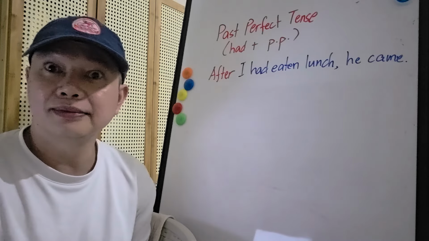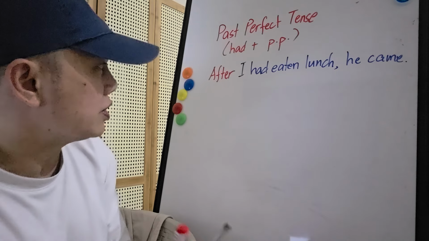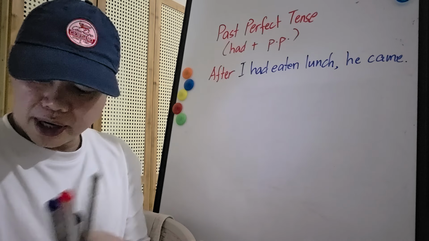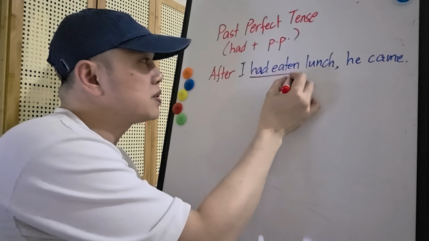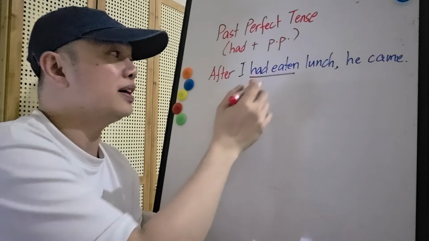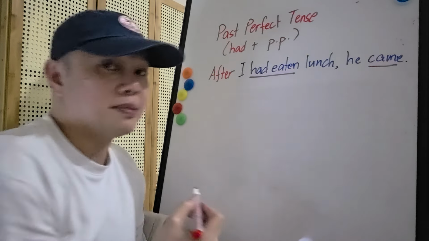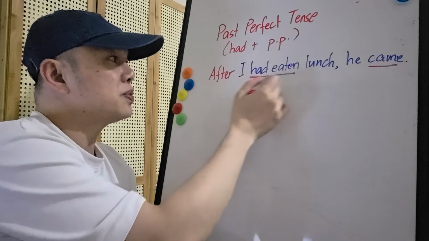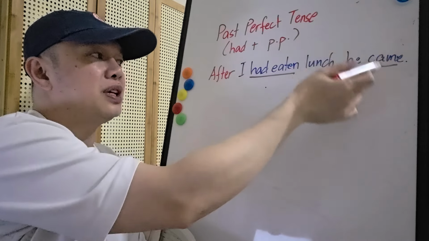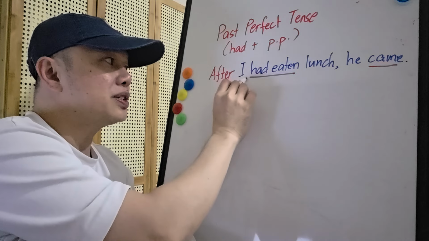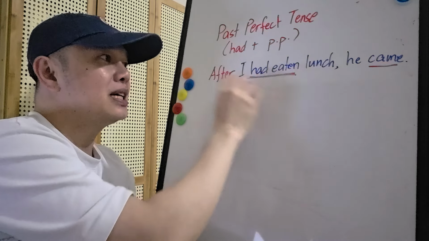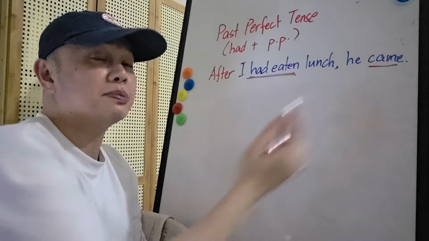Now, which one is the first action? The first action, of course, is the eating, and the second action is coming. So this one happened first before this thing happened. The first action requires the past perfect, the second action requires the simple past.